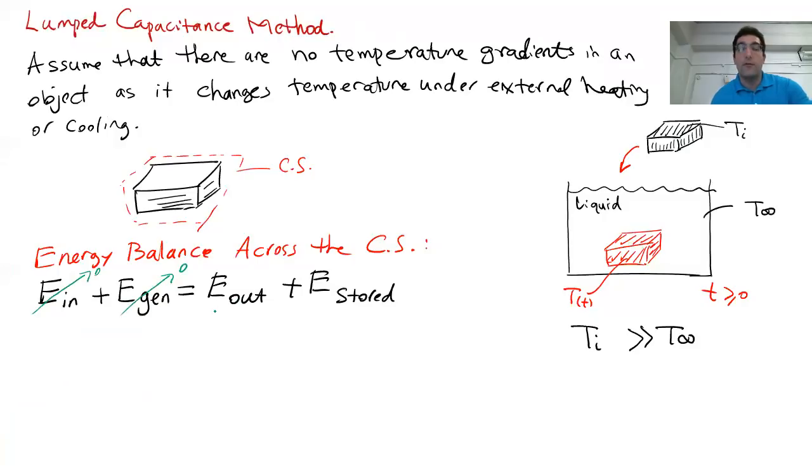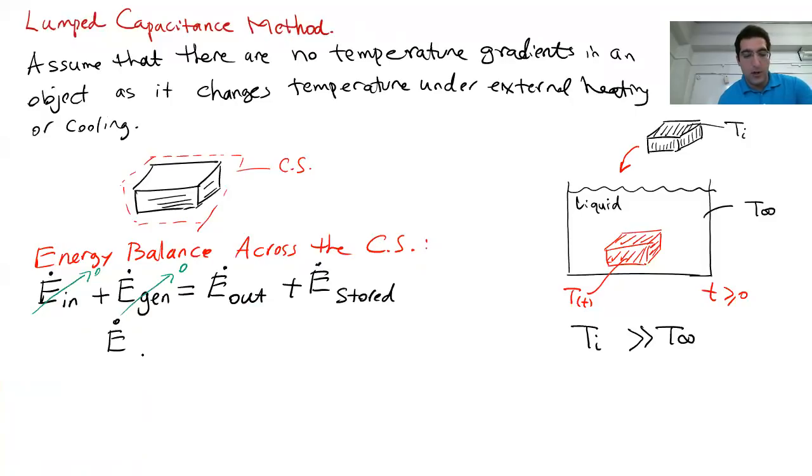We have some form of energy going out, which is convection, which is the amount of heat we put into the liquid, into the water. And then there's a change in the internal energy of the object, a change in the temperature of the metal bar, so we have changes in energy stored. So basically, I can reduce this form, and by the way, you can call all of them rate, so rate of energy.